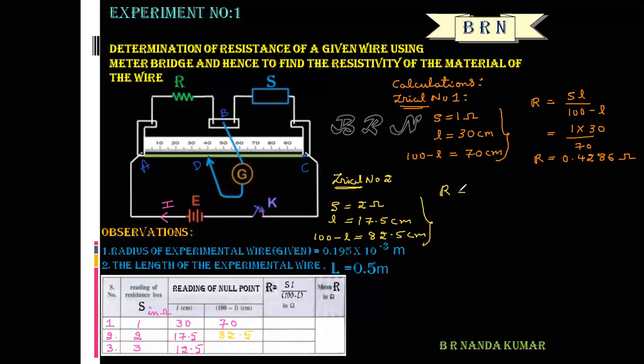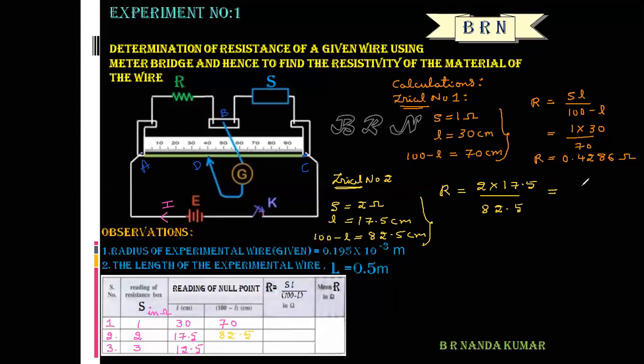So the formula is same. R is equal to SL divided by 100 minus L. So your S value is 2, L value is 17.5, divided by 82.5. Okay. So 2 into 17.5, that is 35, divided by 82.5.